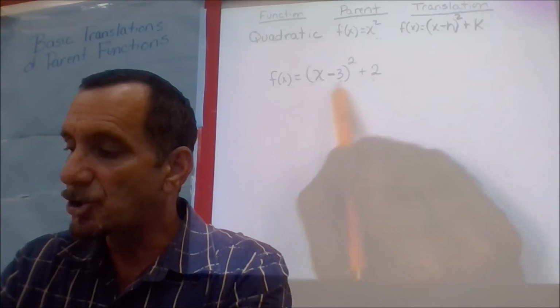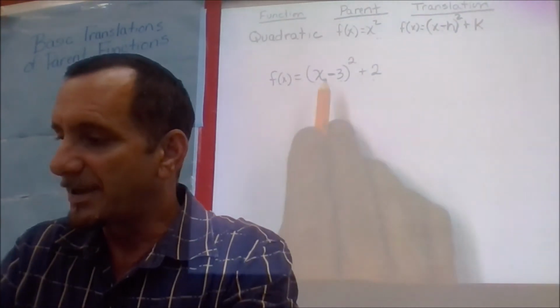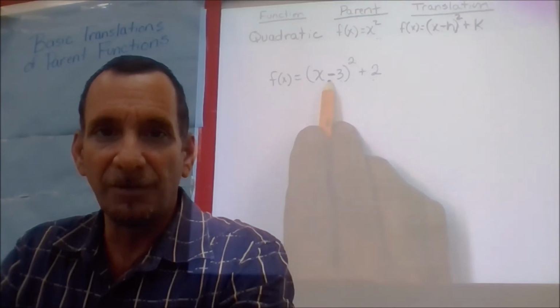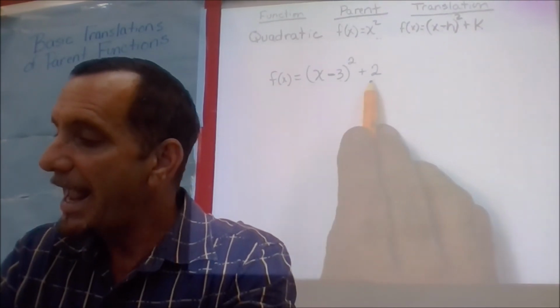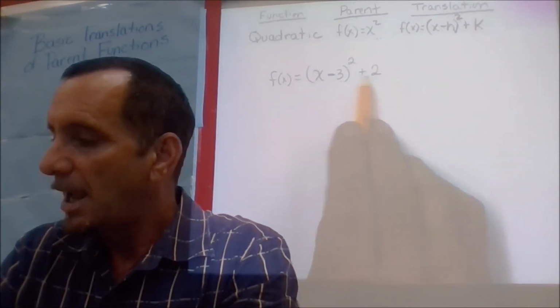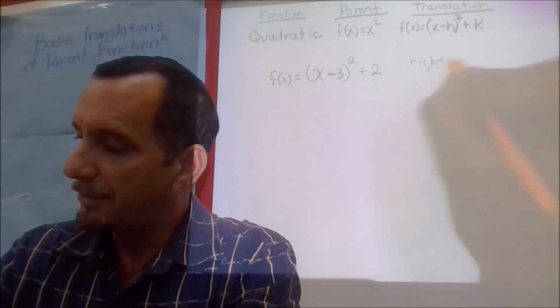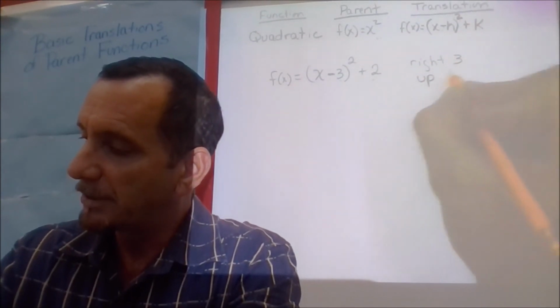And so this shifts in a different way than you would expect. So this is a right shift, 3 units, and the k is as it looks, up 2. So this is right 3 and up 2.